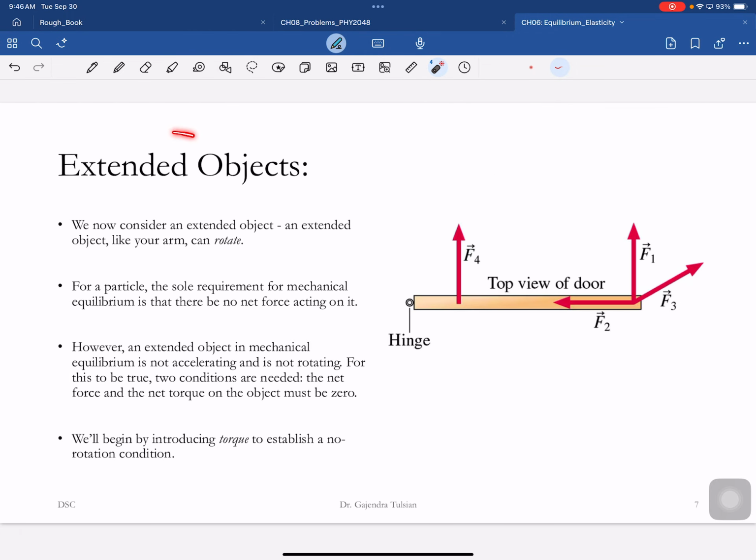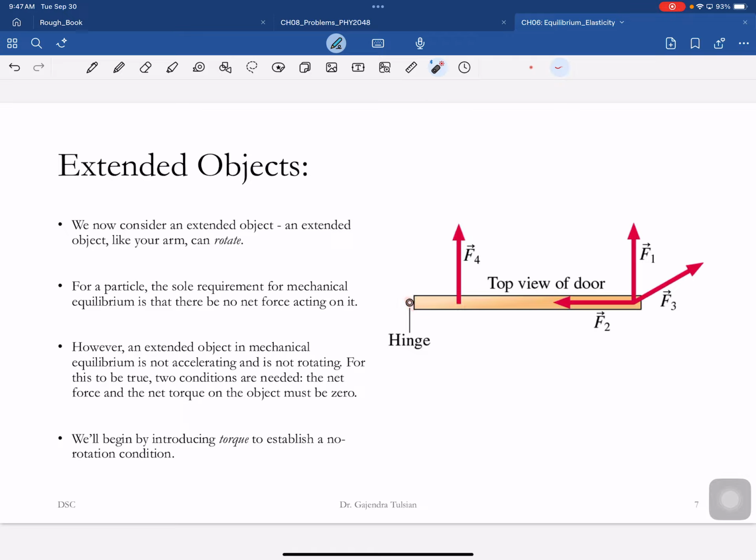All right, so we will look at an extended object. The forces on an extended object. Okay, so in this diagram, what they show you is 4 forces. They're all equal magnitude. So this is a door. You're looking at a door from the top. There's the hinge.